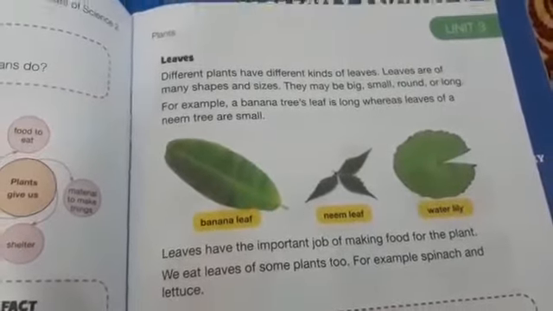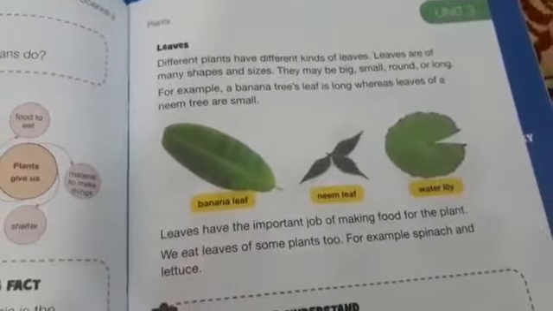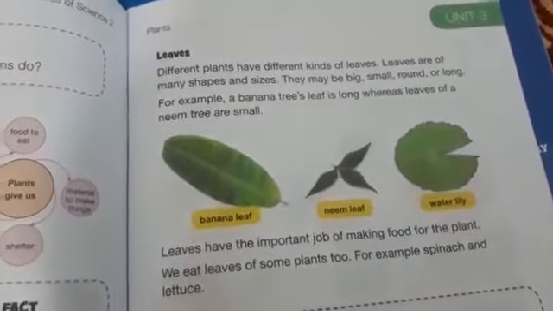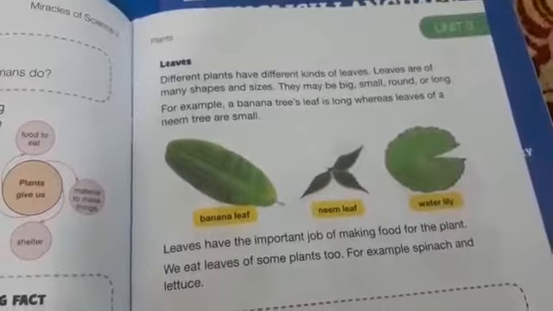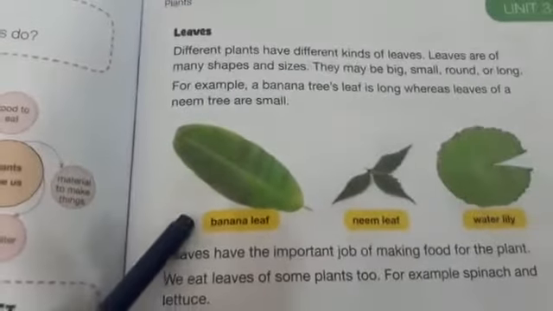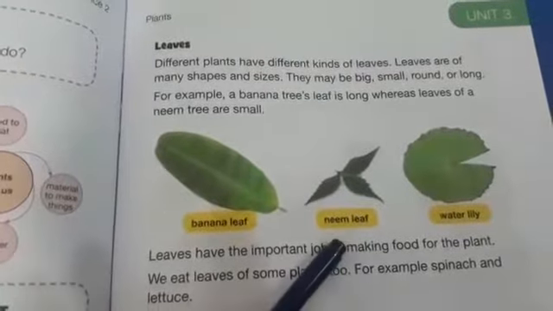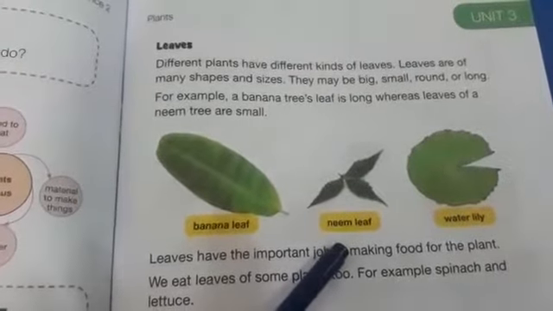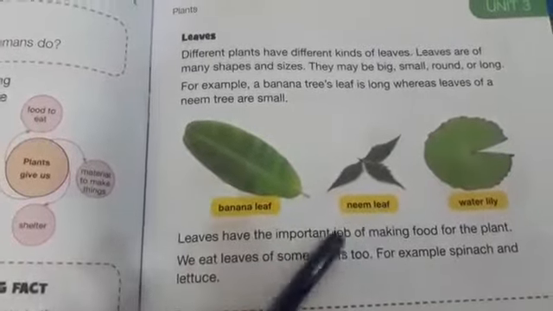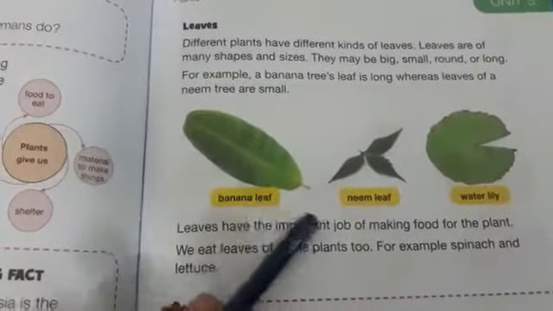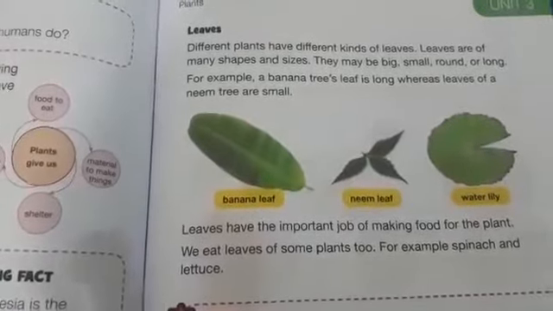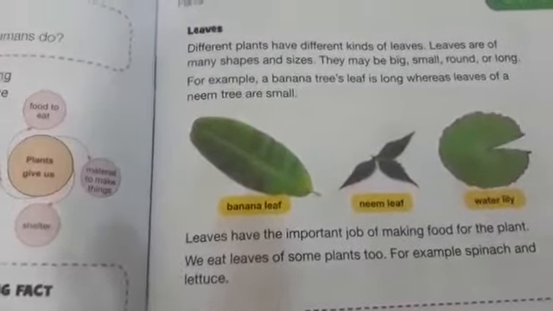You can see different trees, and on these trees the different leaves. They may be big, small, round or long. For example, you can see a banana leaf and a neem leaf, the tree of neem. You can see the difference between the size and shape of the leaves.